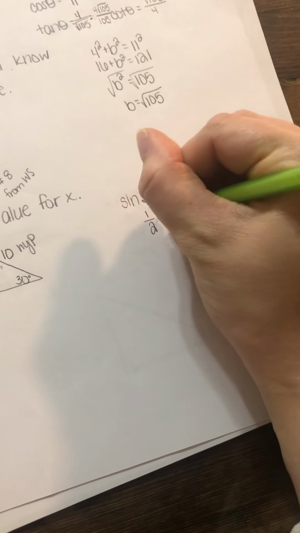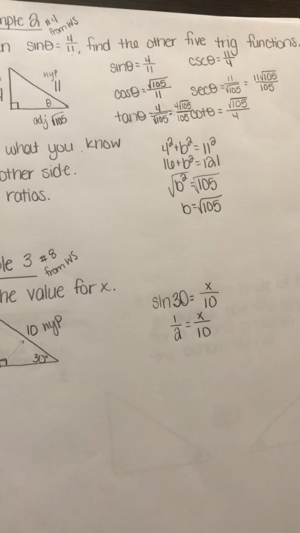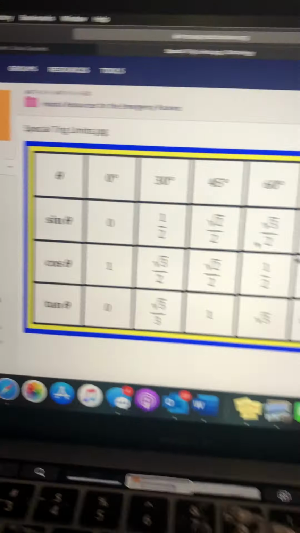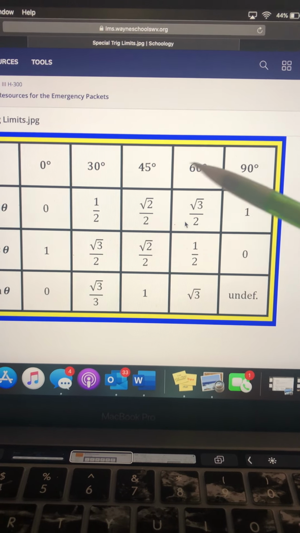So the sine of 30 is 1/2, and you do not have to memorize these, but they are very helpful to know. I should preface this by saying we use this chart only for the special trig angles. So that would be 0, 30, 45, 60.